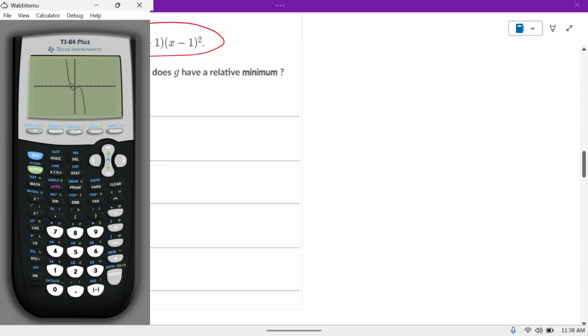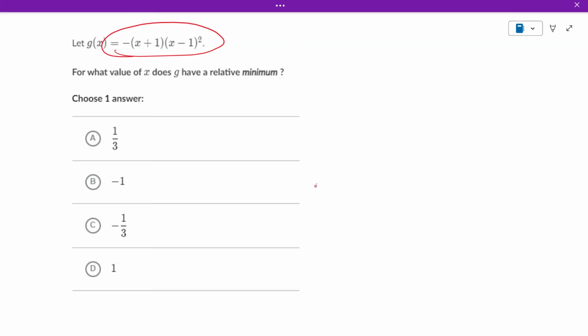Okay, I have a relative minimum probably right there, don't I? So to find the relative minimum, second trace, minimum, 3. To the left, hit enter. Go to the right, hit enter, and hit enter again. Where was it at? -1/3. Okay?